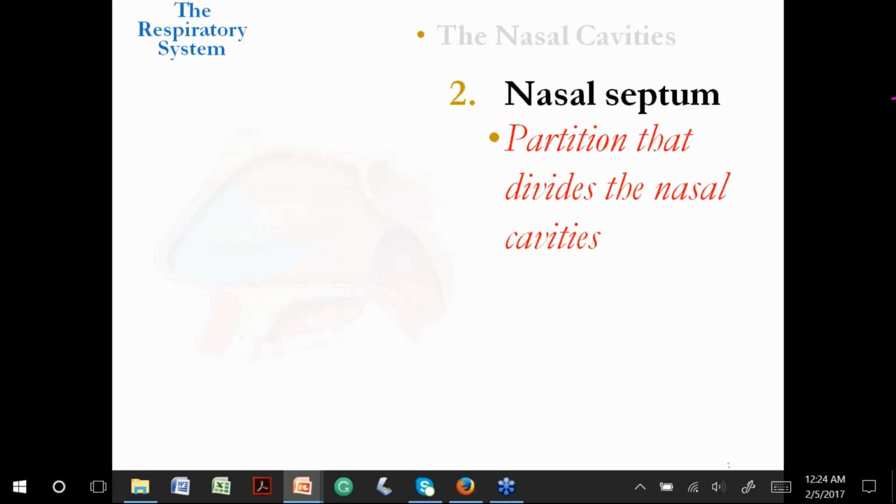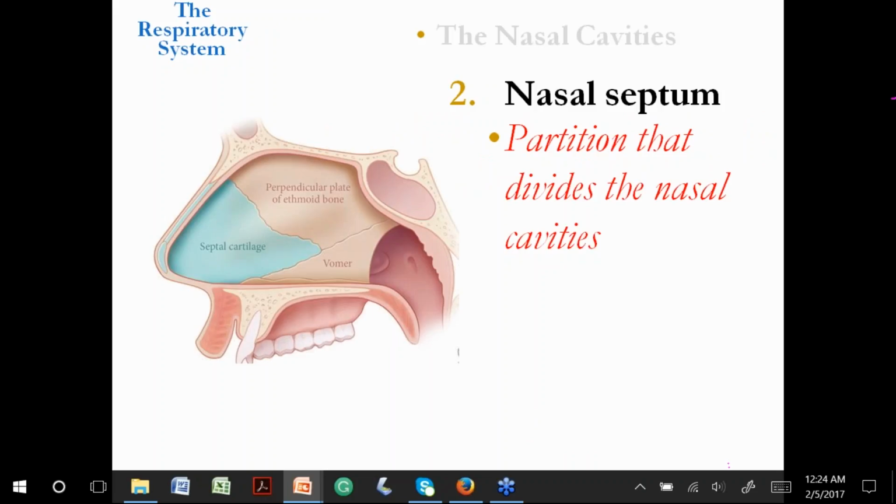We have the nasal septum. If you see here a sagittal view of the cranium, we have first of all a cartilage. The tip of the nose is cartilage, it's not really bone. That's why you can move your nose with your finger. When they do some plastic surgery, they remodel this septal cartilage in order to have the shape they want.